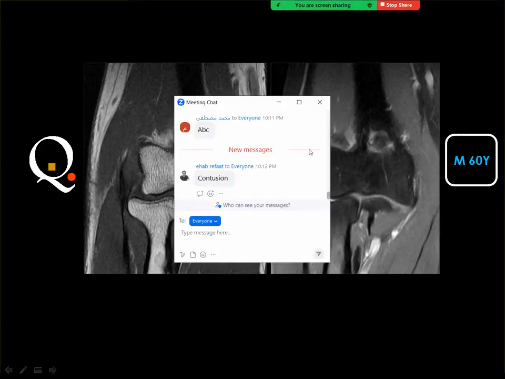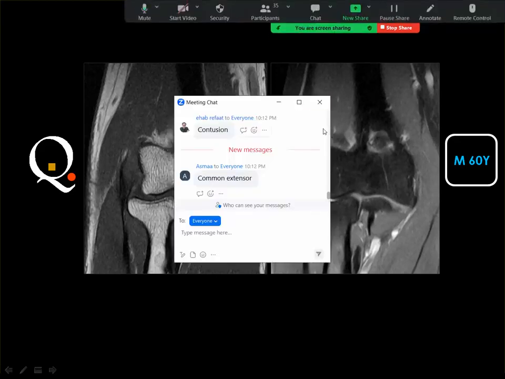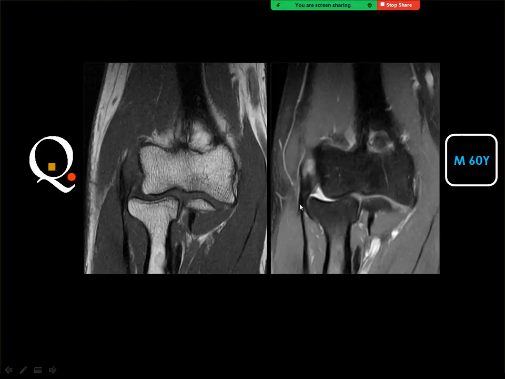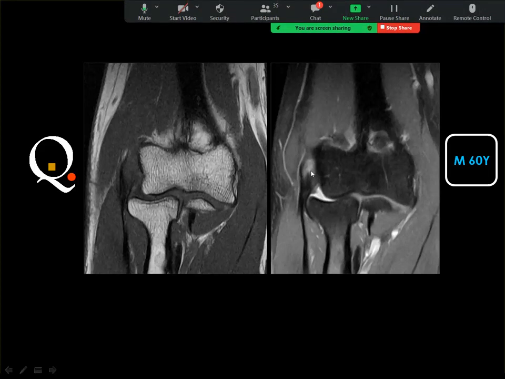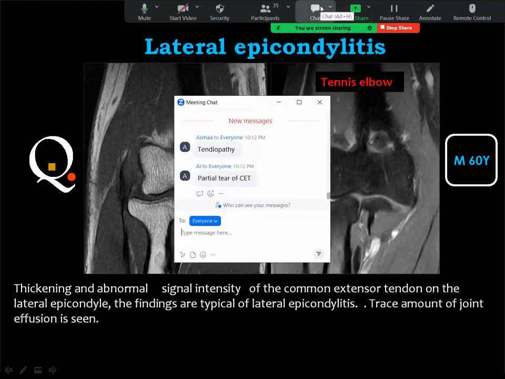In this example, the abnormality is in the common extensor tendon, which is swollen and showing abnormal signal, and this is known as lateral epicondylitis or tennis elbow, as you know.